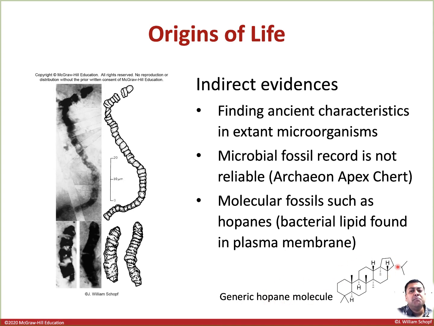Some of these molecules are found in the bacterial plasma membrane. So the scientists did find some of these hopane-like molecules in ancient structures, and they can relate that maybe these are some of the links towards the origin of life.